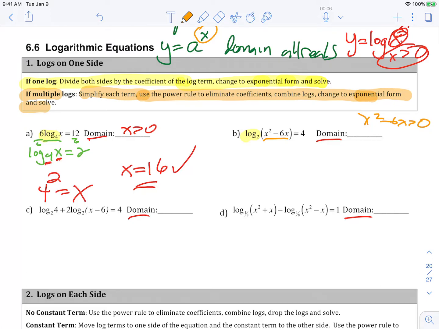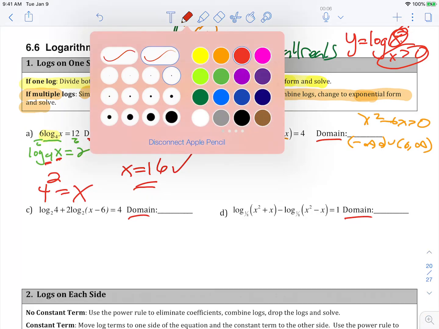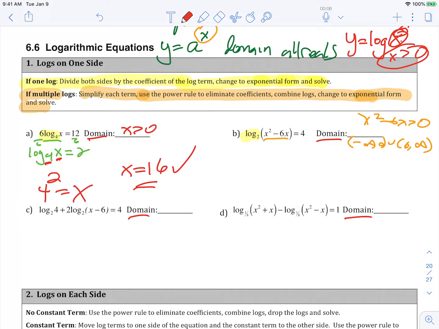But the domain for this is from negative infinity to 0 and from 6 to infinity. So if we get anything that's in between 0 and 6, it's not going to be good for us. All right, so let's solve. We have a single log, which means that we can just go ahead and translate it right away. So this is your base, 2 to the 4th power.